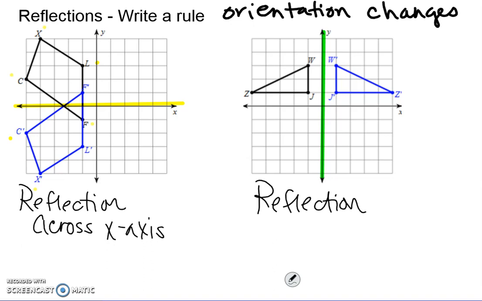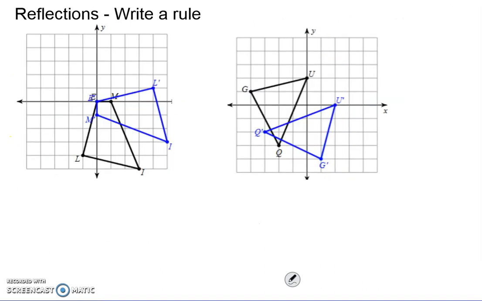Remember, with rules and writing rules, I said you've got to tell me the type of transformation. So it is a reflection across the y-axis.